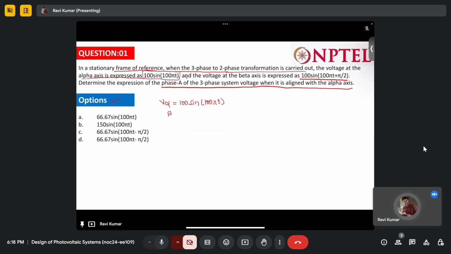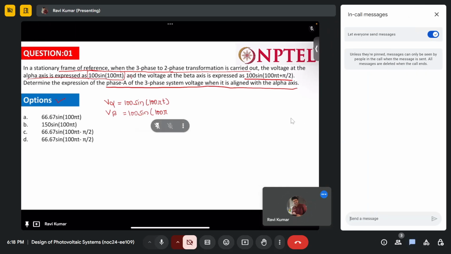This is voltage alpha, voltage beta. It is also 100 sine 100 pi t plus pi by 2, because it is a two-phase system.